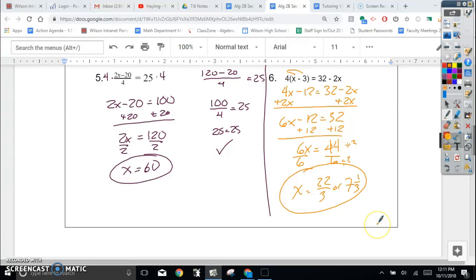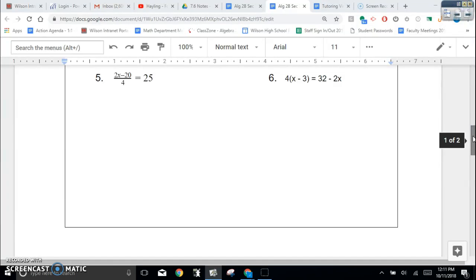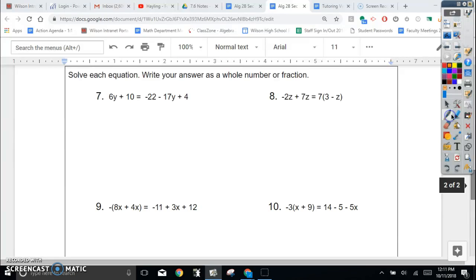All right? And going over to the back, you can see the directions are staying the same. So in 7, I'm going to move the smaller x again, or should I say smaller y? So I'm going to add 17y over. I'm going to combine like terms on the other side as well. 6 and 17 make 23y.